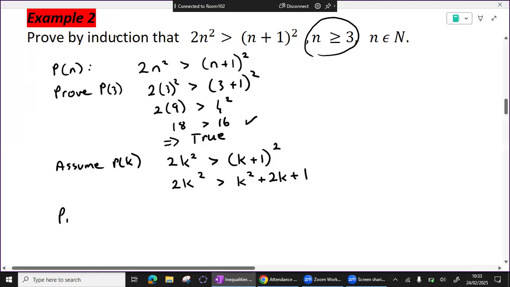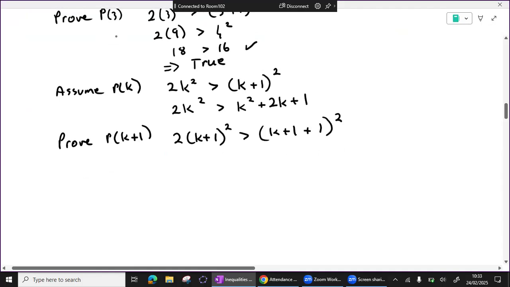Now, the next sentence is prove k plus 1. So anywhere there was an n, we are now putting a k plus 1. So I'm just going to tidy this up before we do any more. So (k plus 1) squared is going to multiply out to be k squared plus 2k plus 1.